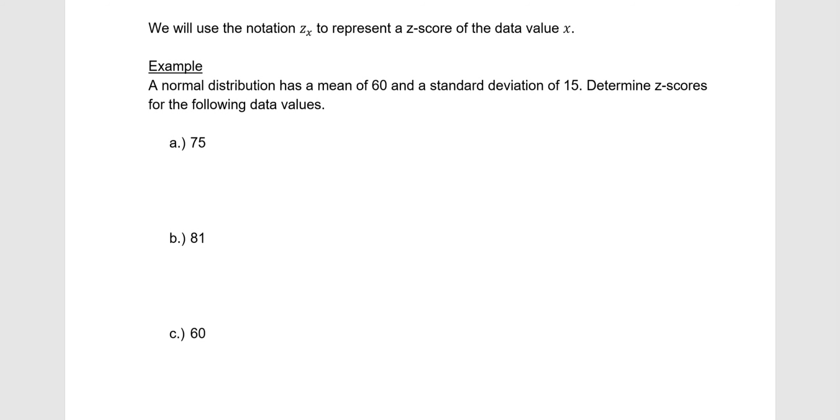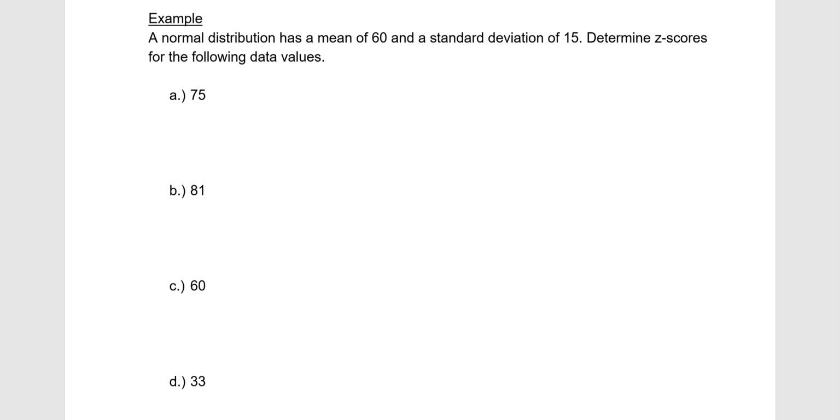So let's go ahead and do some examples here. A normal distribution has a mean of 60 and a standard deviation of 15. We want to determine the z-scores for the following. For A, we want to determine the z-score for the data value of 75. So we can go ahead and we can say z of 75 is going to be the data value.